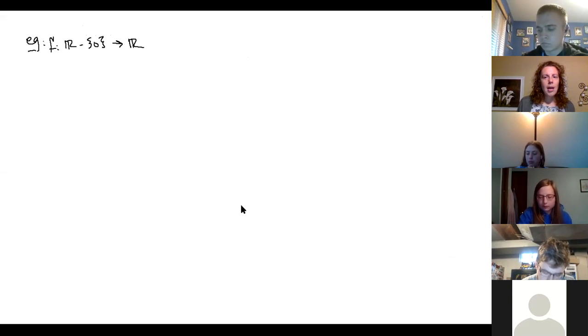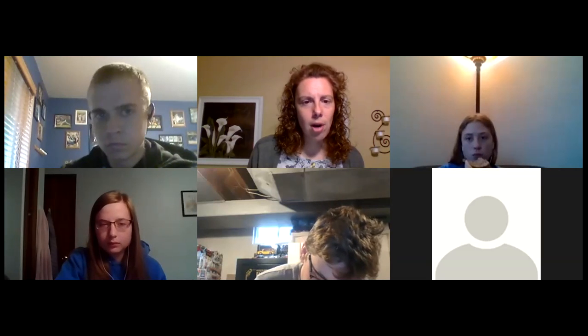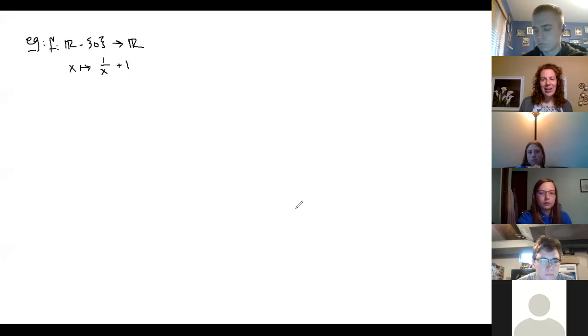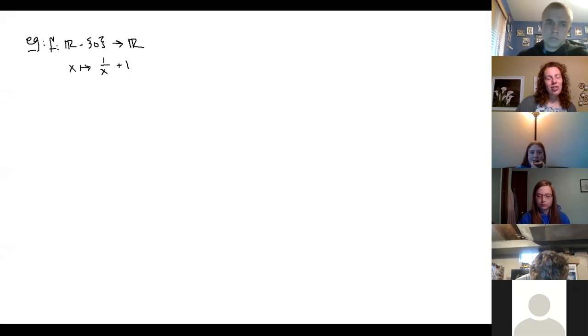And we are going to take an element x and send it to 1 over x plus 1. X is going to get sent to 1 over x plus 1. And we want to know whether this is surjective or not.